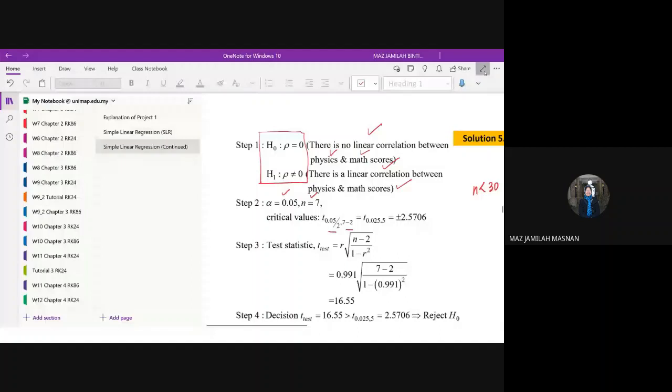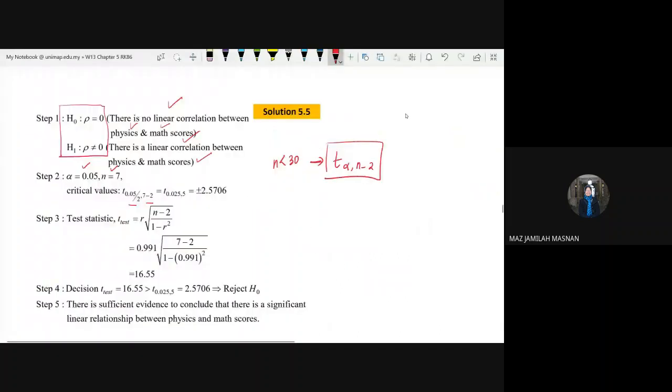So we know that our critical value is given by 2.5706. But since we are dealing with a two-tailed test, we put plus minus, because we don't know what will be the value of our test statistic.